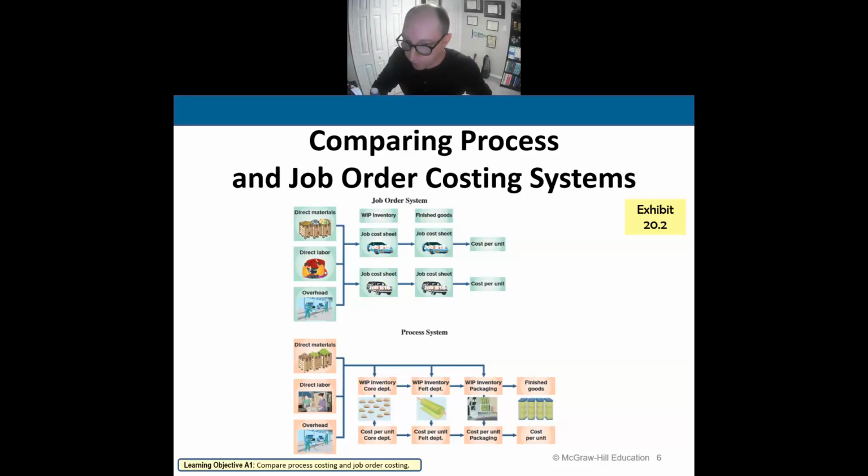And then it moves further to the packing department, where they're putting the product into boxes and shipping it off as finished goods. But you see the difference. In process costing, I'm adding more direct materials, labor, and overhead at each department as it moves through the process. That's why we call it process costing.